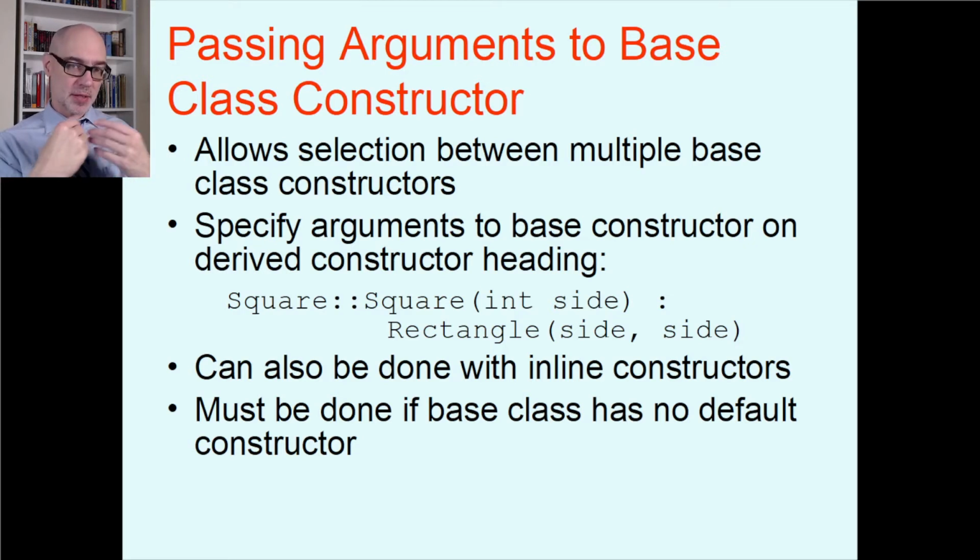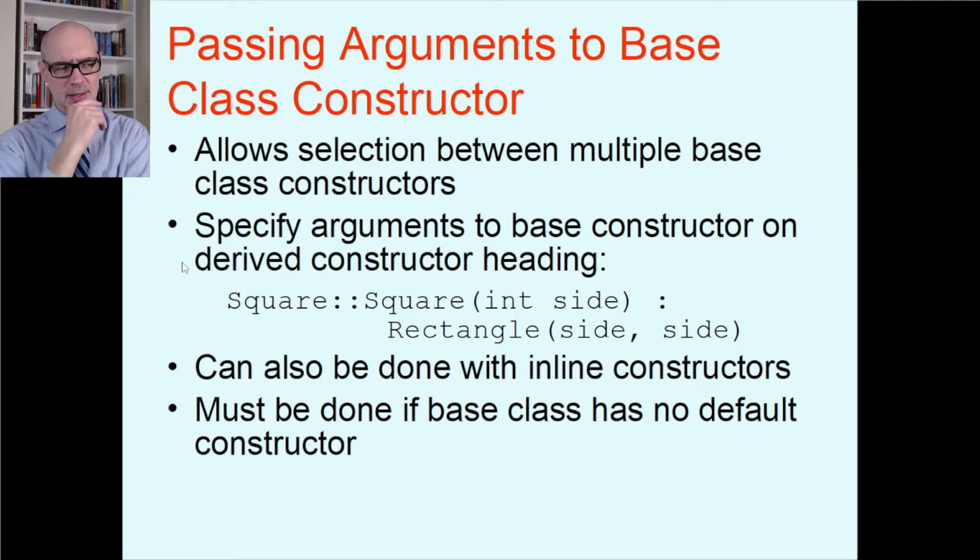So I might need to make the decision about how I want to initialize the original member data back in the parent class. So you have that capacity as the programmer. You can select specifically which base class constructor you want to run as you're building your new derived object.